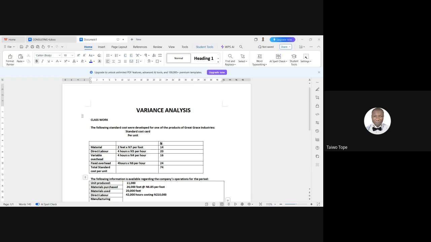And once you identify this need, the product you want to produce, the raw material you need to use, all these must be put in place to see that you come up with a realistic standard. In that class, we talked about types of standard. I explained ideal standard. I explained attainable standard. I explained current standard. And I explained basic standard.